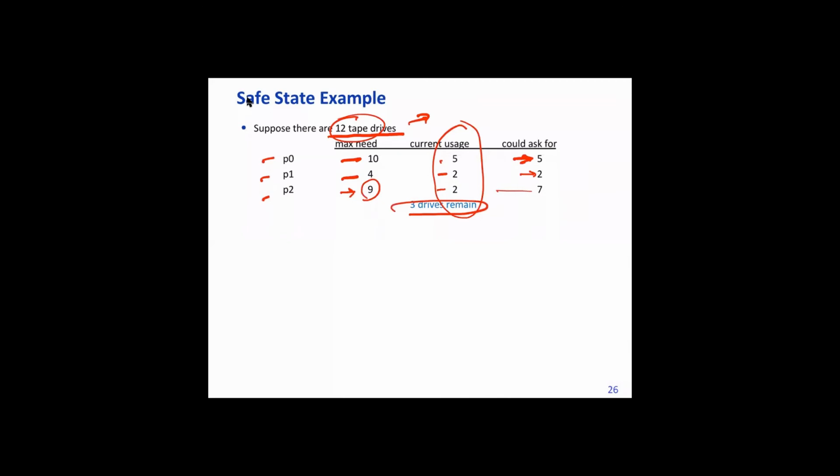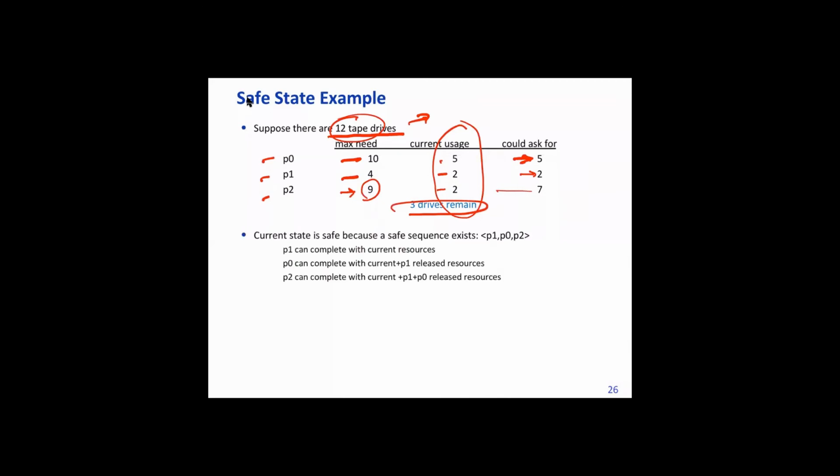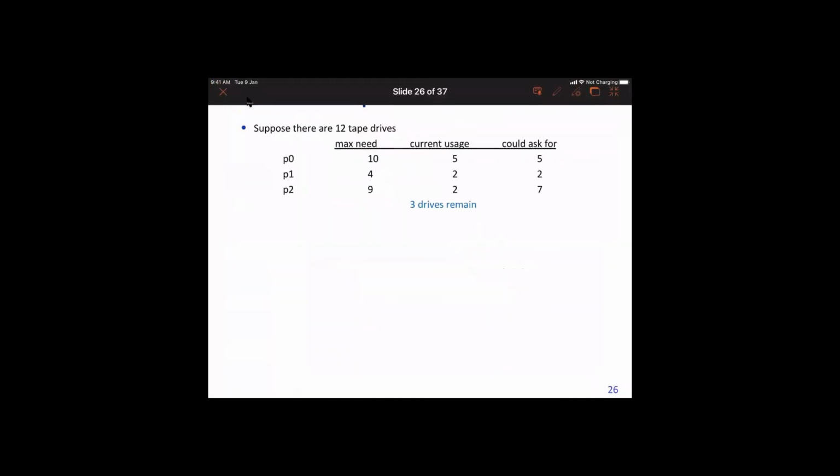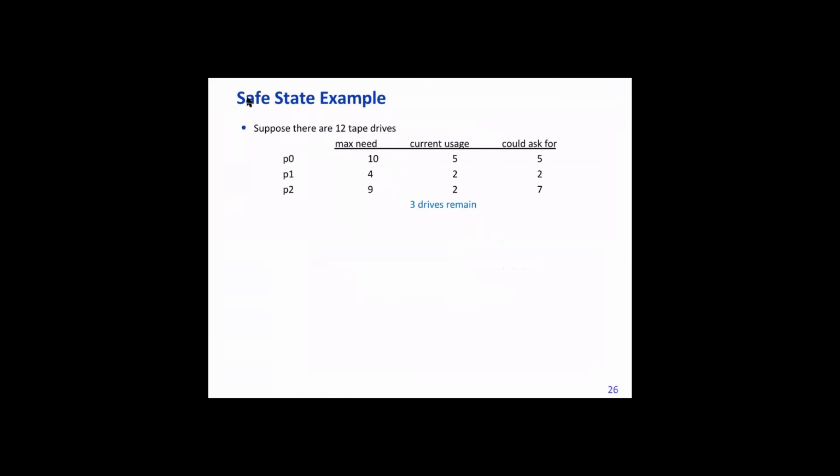All right, so now what is that sequence that the OS will grant? There can be many sequences, there are 3 processes, so we can first grant the request to P0, then P1, then P2.